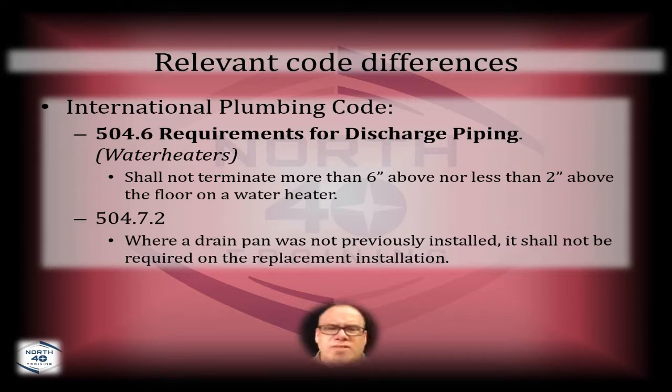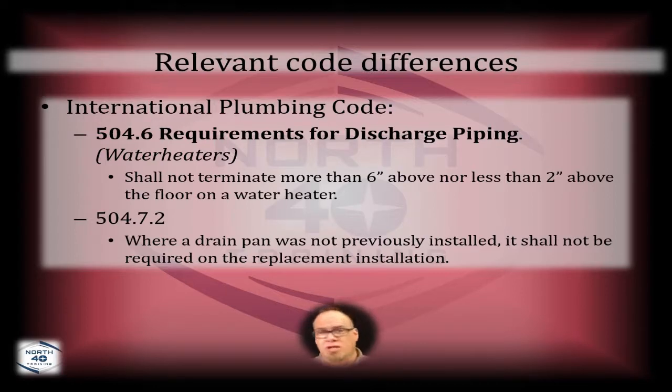Now 504.7.2, I'm not going to spend a lot of time on it. It's kind of goofy. There's a section in code that says if you've got a water heater and it's in an application where it requires a drain pan, but the water heater you're replacing doesn't actually have a drain pan.